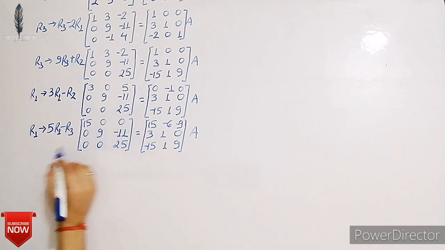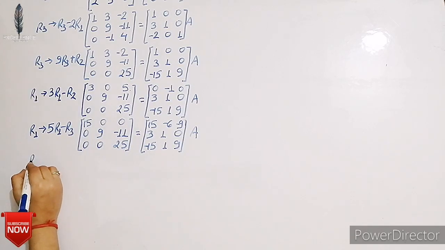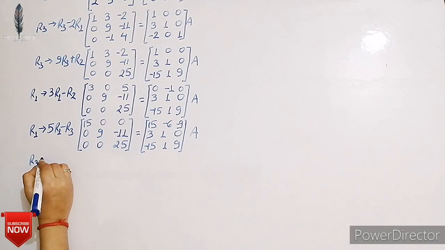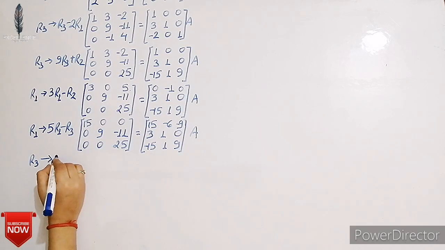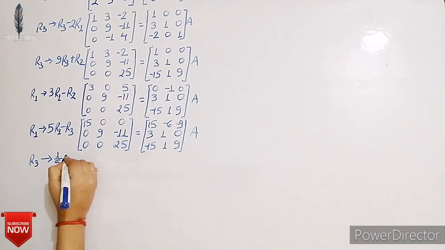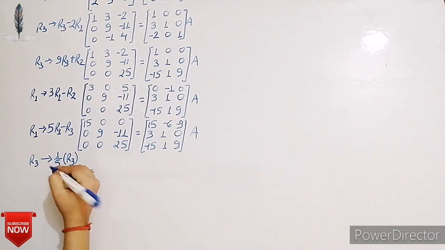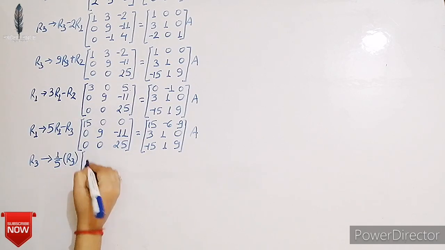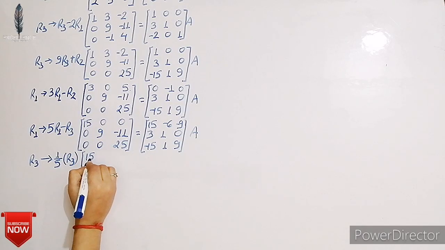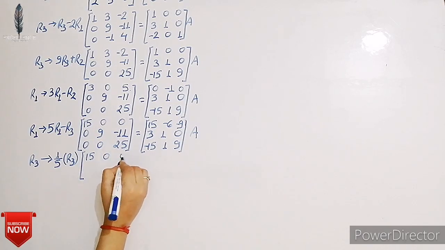Now here we have 25. So simple कर लेते हैं इसे. R3 is such that 1 by 5 R3. After this changes लगाना easy होगा. So here R1 is same 15 0 0.